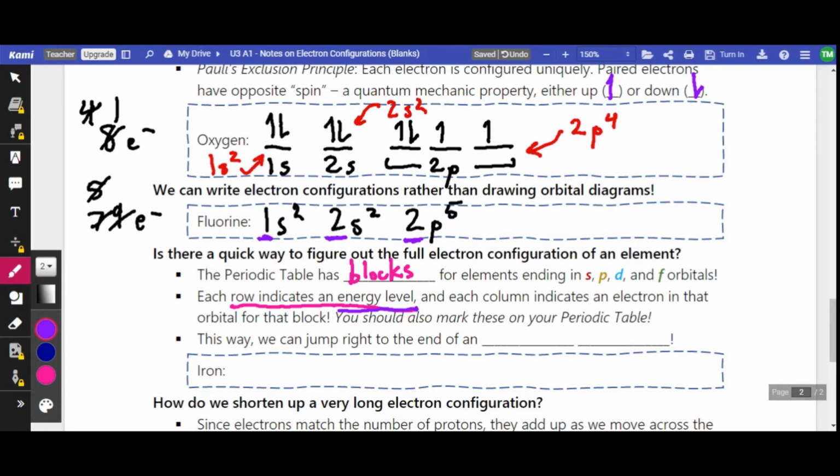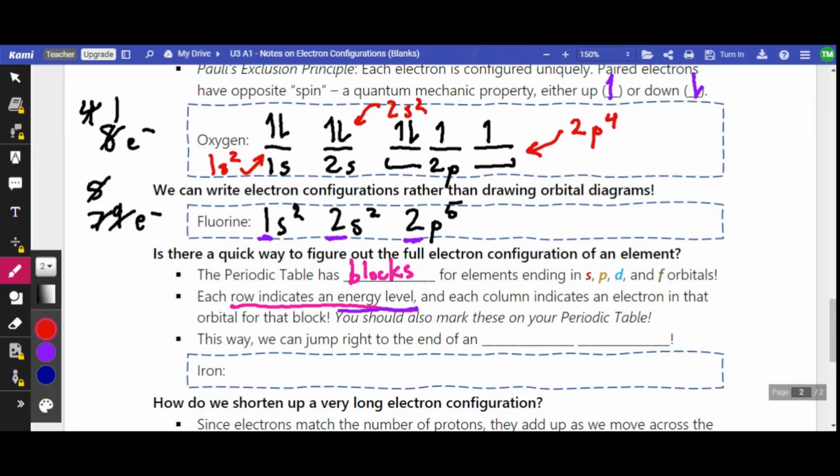Each column of the periodic table is going to indicate an electron in that orbital for that block. So that would be looking at this 1s2 and this 2s2 and the 2p4. Each column indicates one of those electrons.